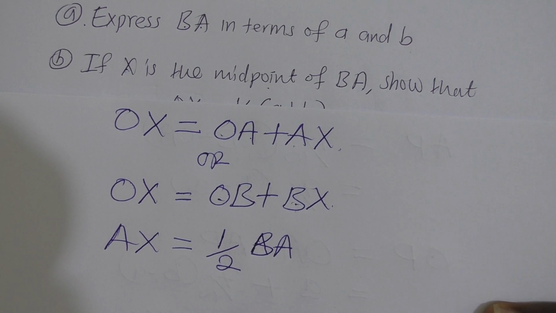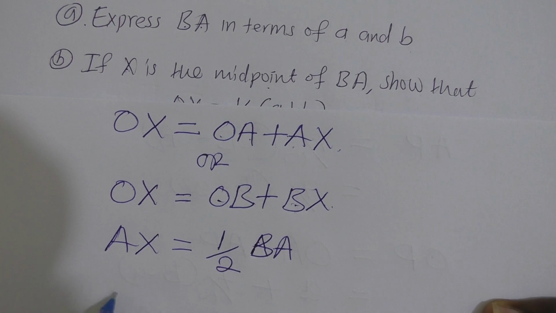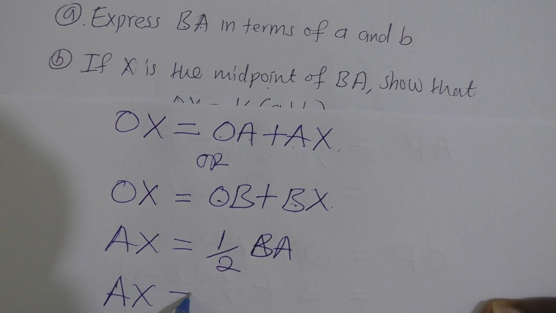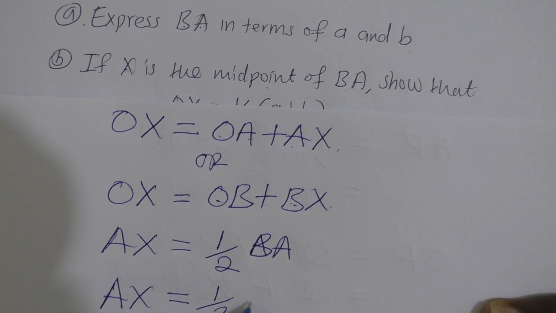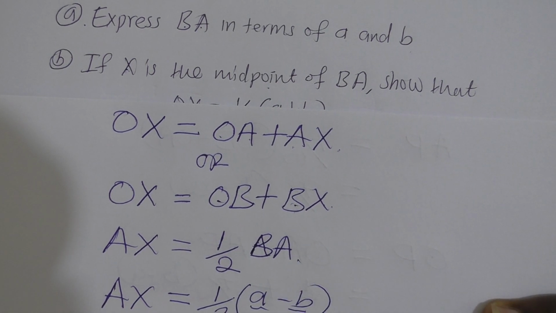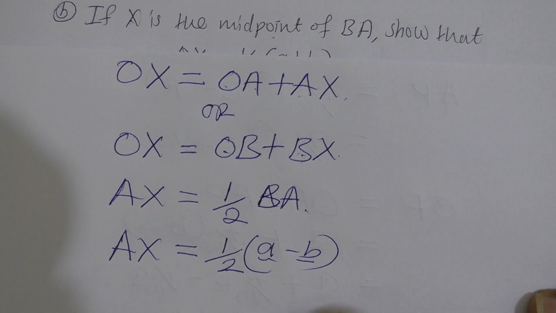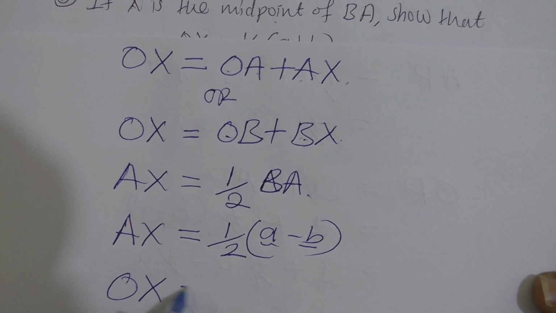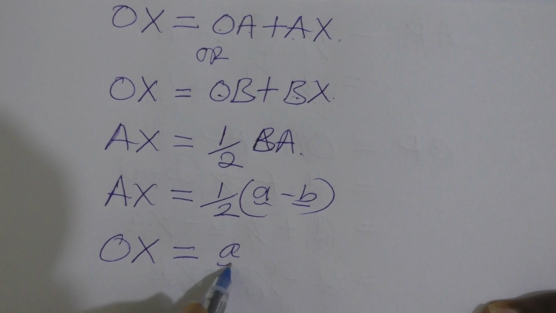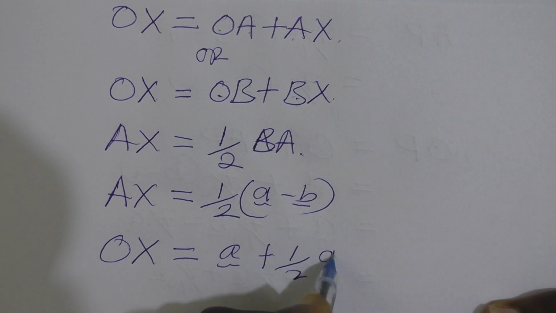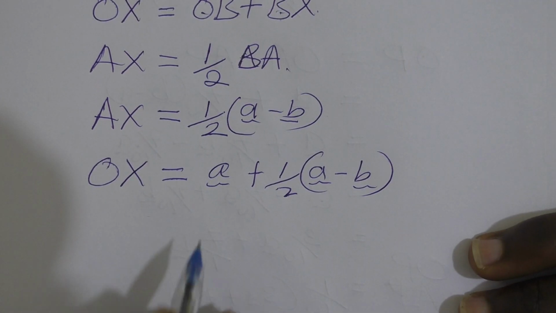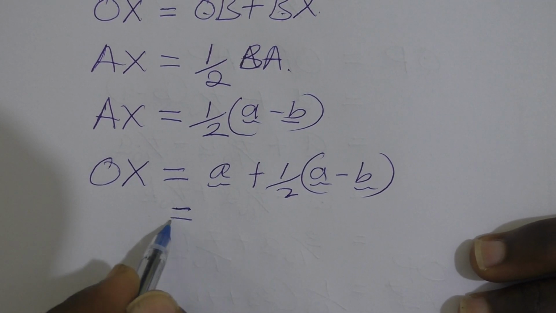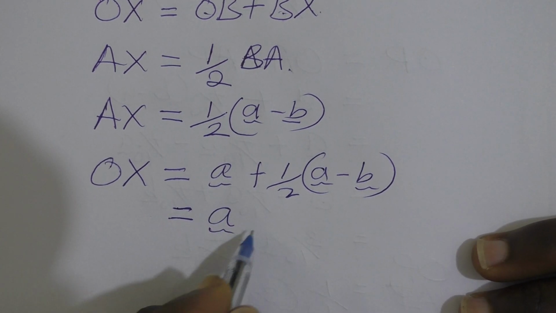And if it is a half, then AX will be a half of A minus B. Remember, we have got BA in our first part. So that means that OX equals OA plus a half of A minus B. And therefore, we open brackets, collect like terms, and simplify.